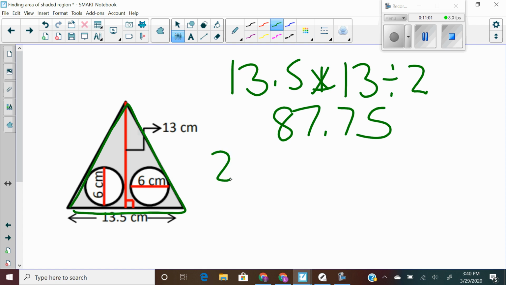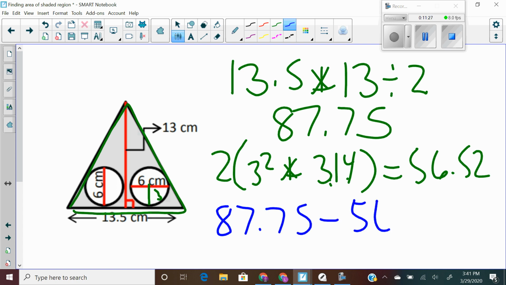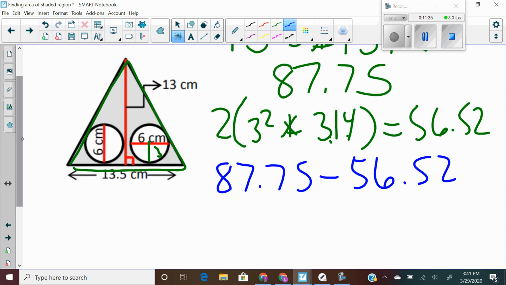The diameter is 6, so the radius is 3. 3 squared times 3.14 will give me both of the circles. So I get 9 times 3.14 times 2 is 56.52. Then finally, we're going to do 87.75 minus 56.52, which is 31.23 centimeters squared.